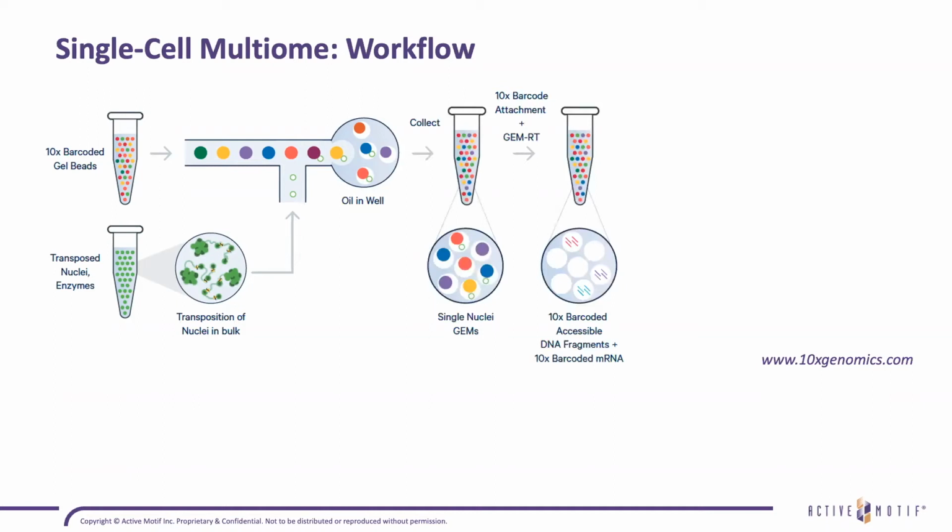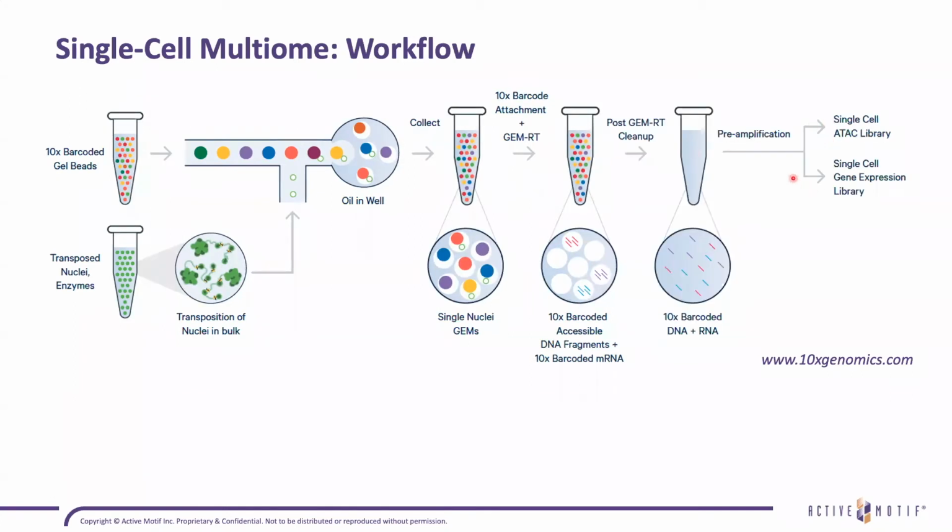Within each GEM, an enzyme mix of reverse transcriptase and ligase converts mRNA into cDNA, and these cDNA and the ATAC DNA fragments are also barcoded.